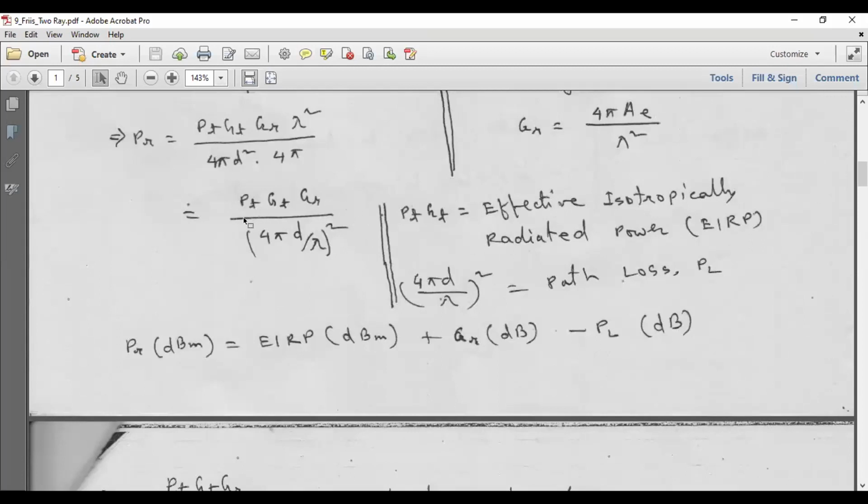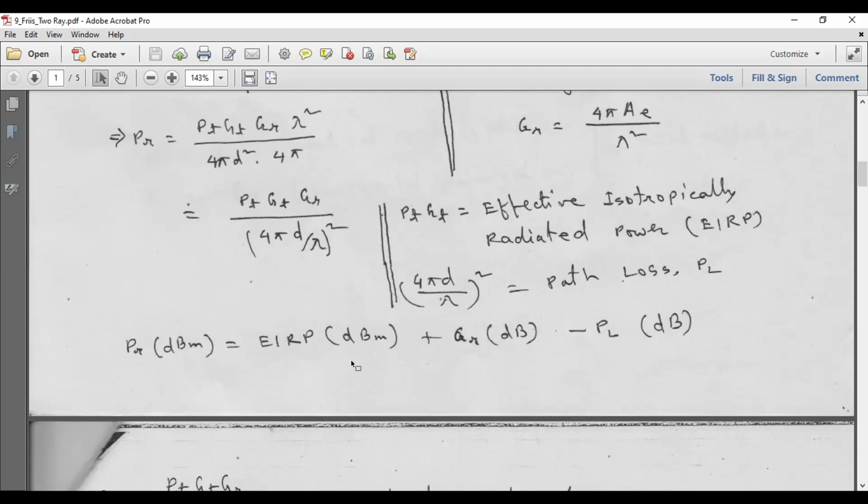With this PT GT, if you keep that 1 milliwatt, PT GT by 1 milliwatt, and the rest you are showing, everything is shown as dB, but of course 1 milliwatt you can keep with one of them, not all. Sir, will this not cause an error?